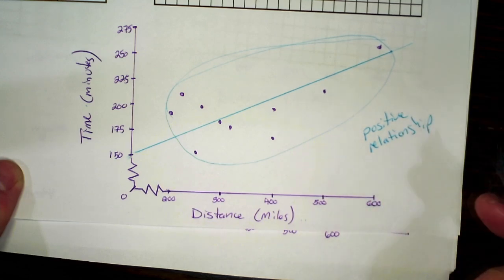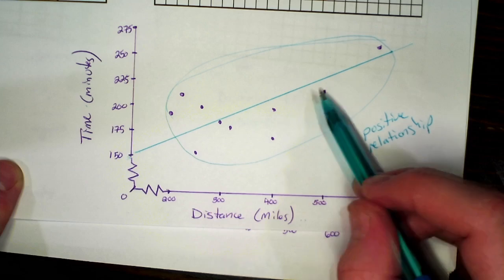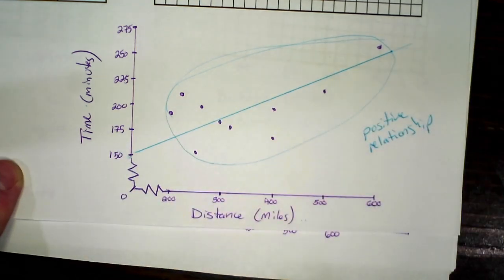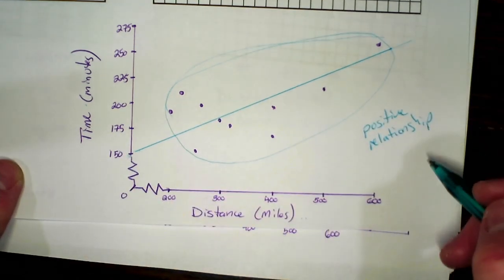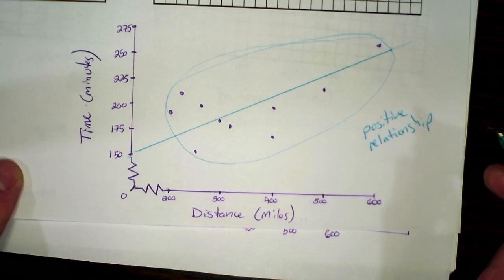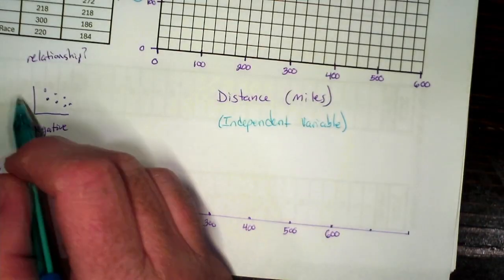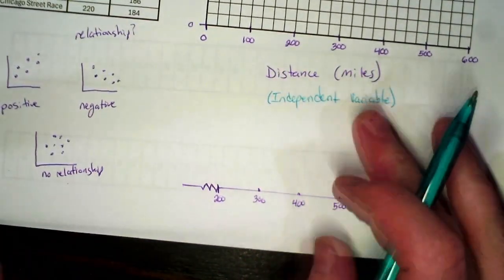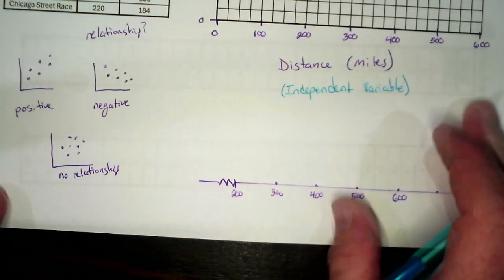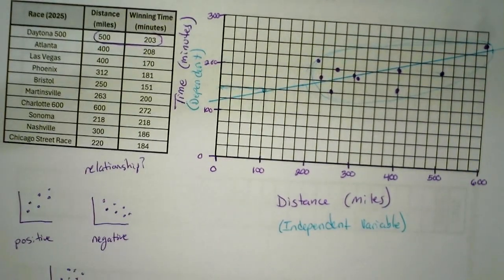I don't think so. I think they don't line up too well in a straight line, but again, there are higher level formulas that could tell us how strong a relationship it is. Right now, we're just interested in, is it positive, is it negative, or is there no relationship at all? And put all that together, and those are your scatter plot basics.